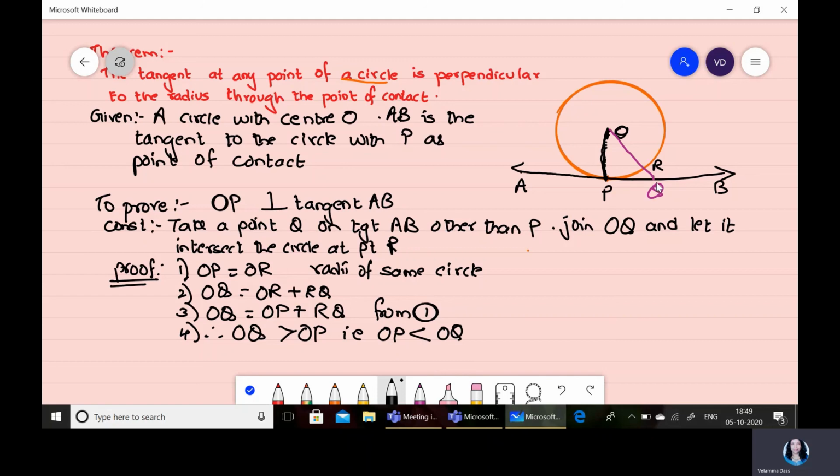Now here you can find that apart from P, if you take any point on the tangent AB, which will be outside, you will get the same relation that OP will be less than OQ.